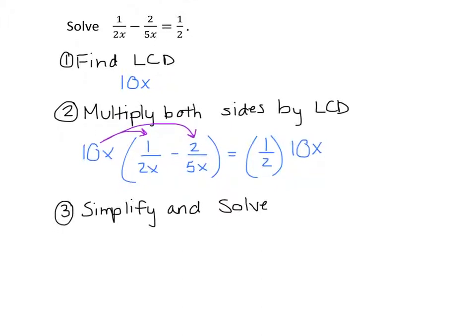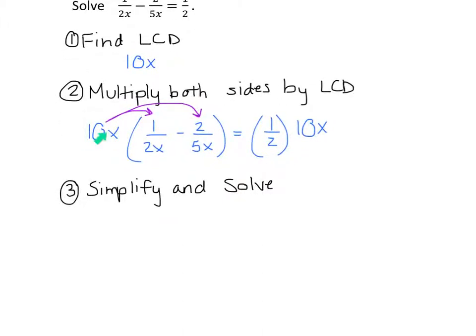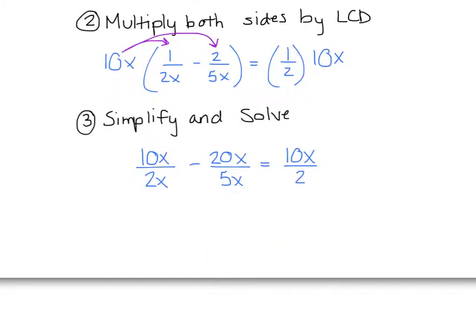So you're multiplying the numerator. 10x times 1 is 10x over the denominator, 2x, minus 10x times 2, which is 20x, over 5x, equals 1 times 10x is 10x over 2. Now we just need to reduce. What's 10x divided by 2x? Well, the x's cancel, so it's just 5.